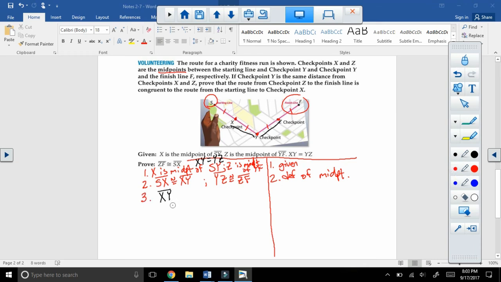So what does equal mean? Equal means that they're congruent. So I would go ahead and say that next. I'd say that XY is congruent to YZ, and that is the definition of congruency. Remember, congruent things are equal, equal things are congruent. It goes either way. So now I can use the transitive property.